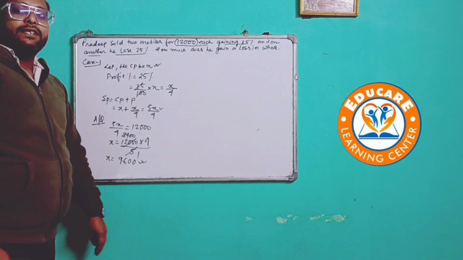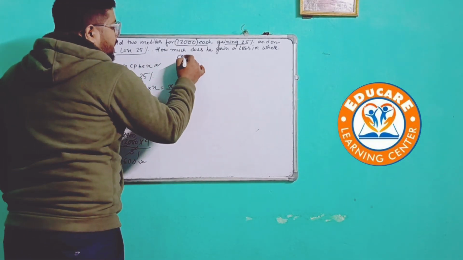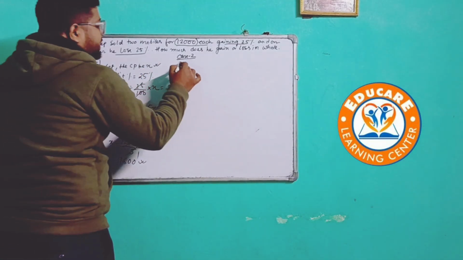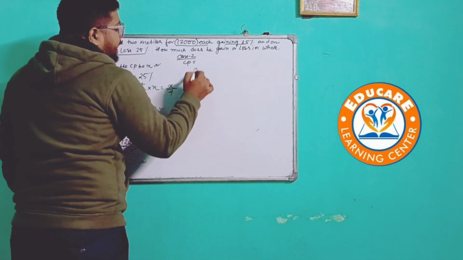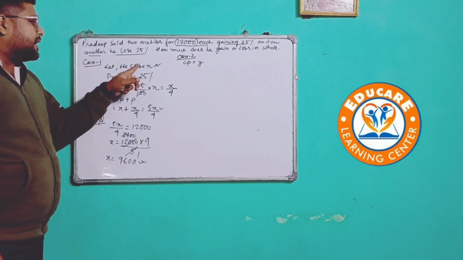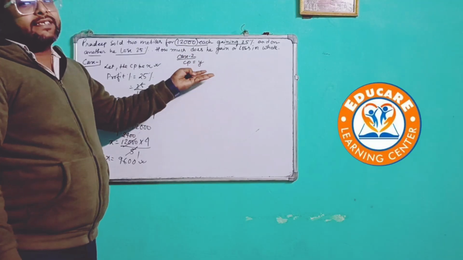Our case 1 is solved. Now let's move on to case 2. In case 2, again the same thing: CP was not mentioned. So let us assume the CP as Y, because we have already taken CP as X in the first case, so we cannot take CP as X in the second case.